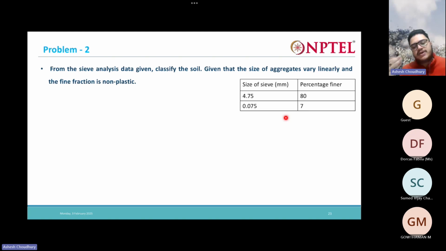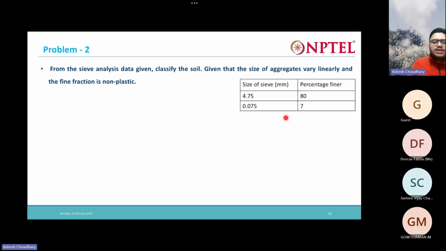So first we decided the soil is coarse soil. First job is done. How did we decide? Because more than 50% is retained on the 75 micron sieve, or the percentage finer than 75 microns is less than 50%.